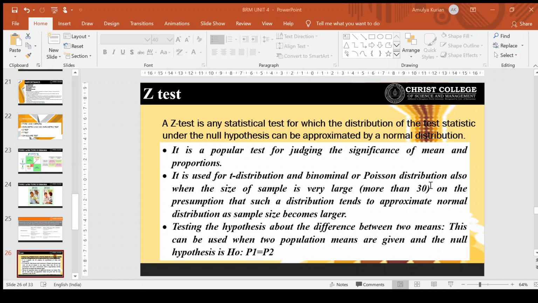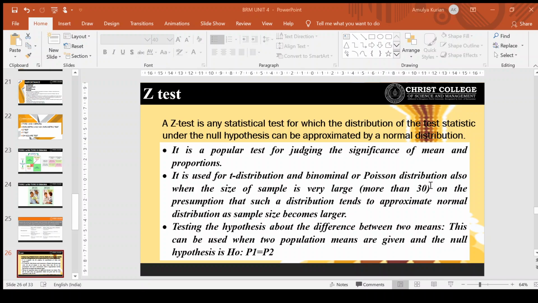And the Z-test is used when the sample size is more than 30 and when the population standard deviation is known. If the population standard deviation is known, and it is normally distributed, and the sample size is more than 30, we will be using the Z-test for your hypothesis.